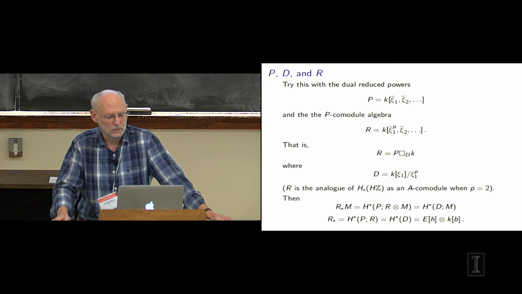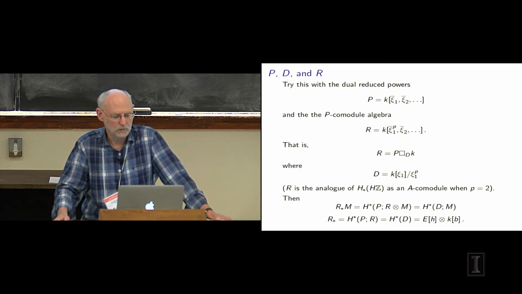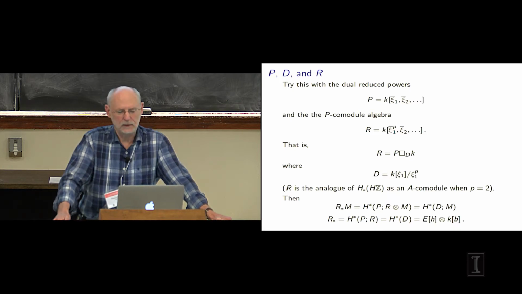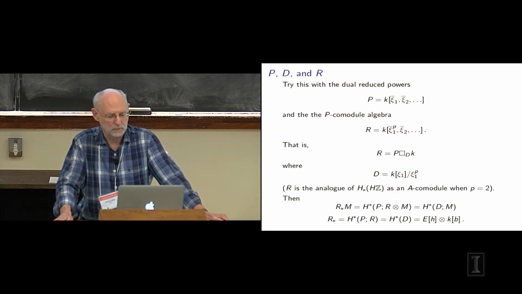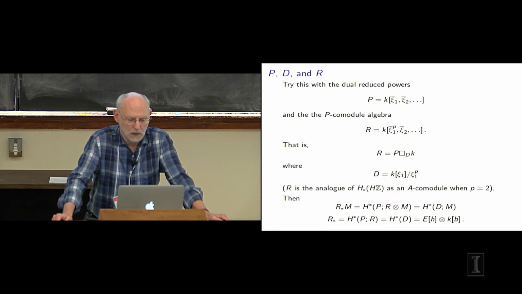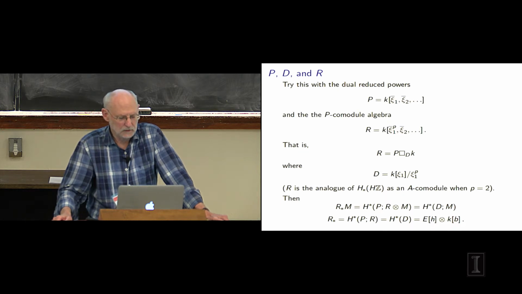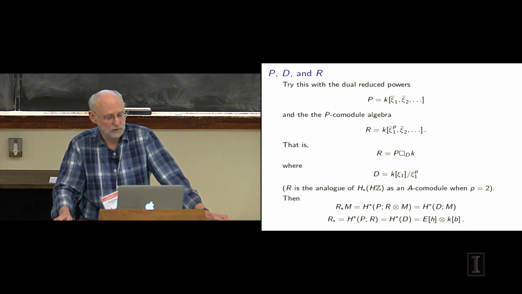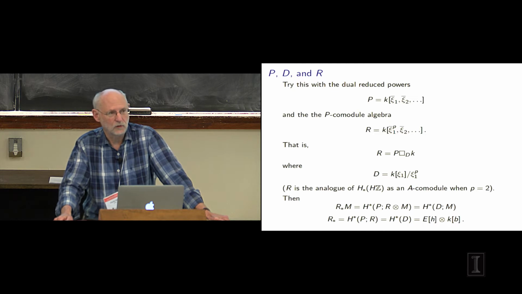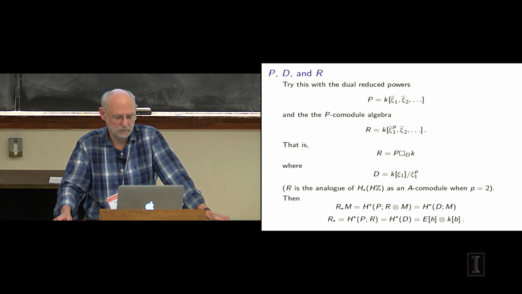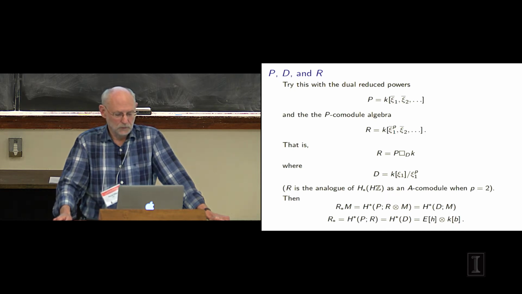So this is the cotensor product over a quotient Hopf algebra of the reduced powers given by Xi1 mod Xi1 to the p. And so it's pretty easy to compute the R homology of a module: it's just the cohomology of that truncated at height p polynomial algebra with coefficients in the module M. So it's a pretty simple homology theory.